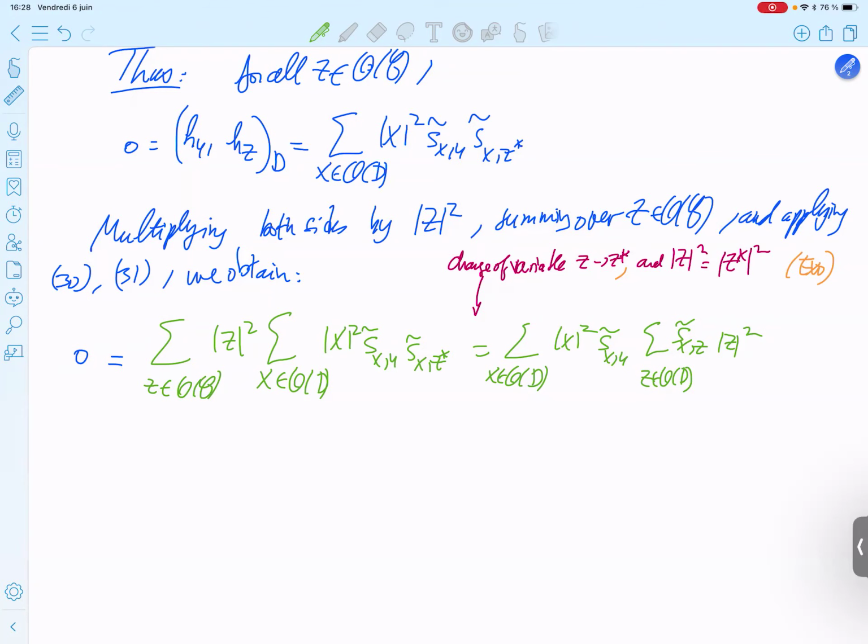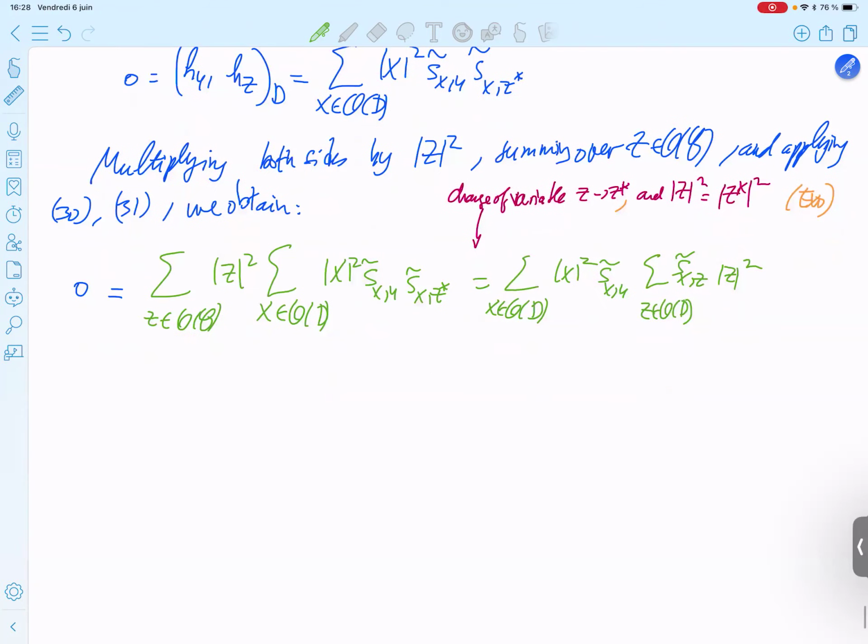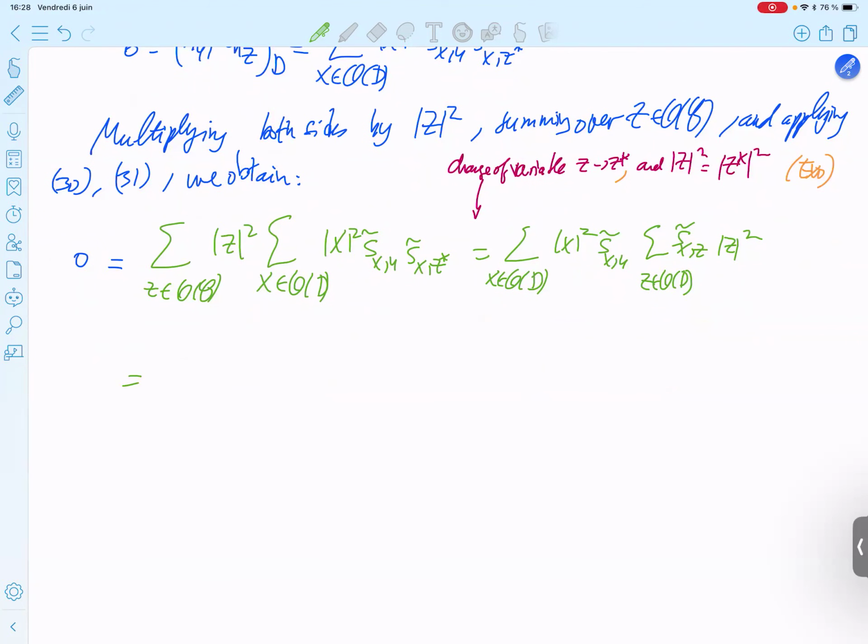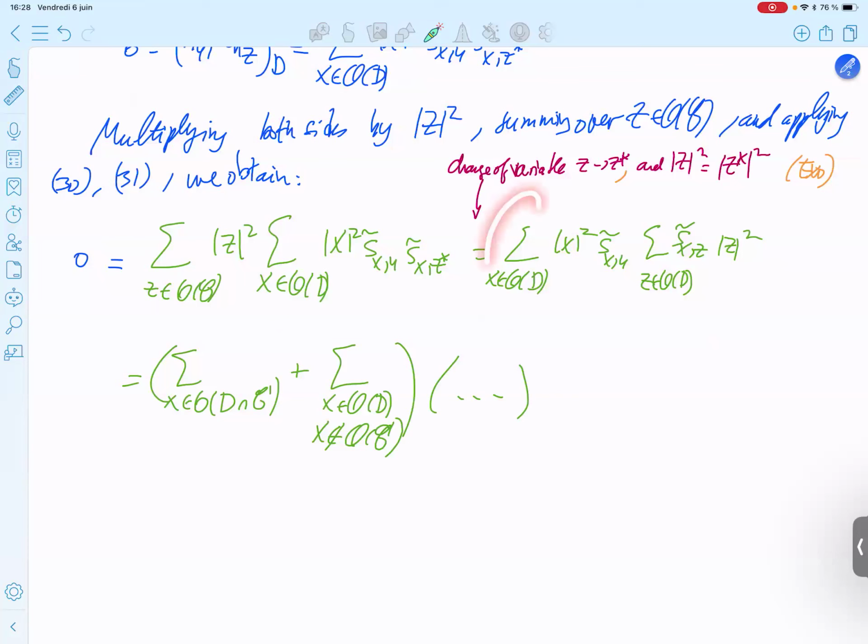It's okay. Now here is a trick. This sum over all the simple objects, you can say is the sum over the simple objects which are both in D and in the centralizer of C, plus the sum over simple objects which are in D but not in the centralizer of C. You just decompose, replacing this by this.